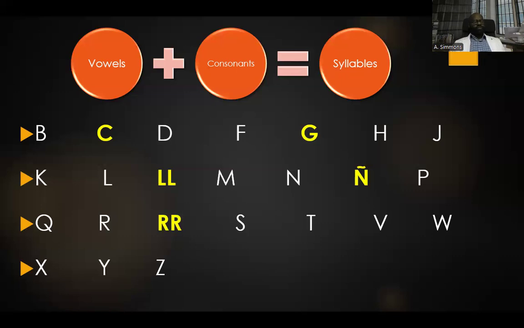Certain countries, for some reason, I'm not sure, they simply disregard the CH. Remember, we have the alphabet, A, B, C, D, E, or A, B, C, but they also have a che. Then they go to the D or the de. All of them don't do that. For what reason, I'm not sure. But anyway, we'll go through it. Let's move on.